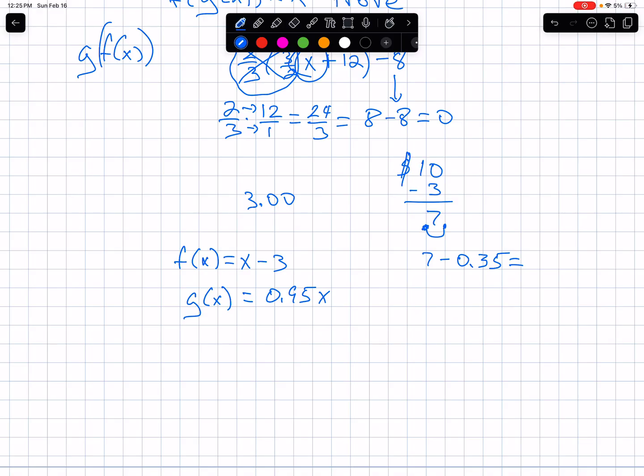What is the difference? But I think you have to have a dollar amount for this. Doesn't that make sense? You would have a dollar amount? Yeah, I think so. 6.65. So if the sandwich costs $10 and you pay $6.65, I'll just say that and show that.